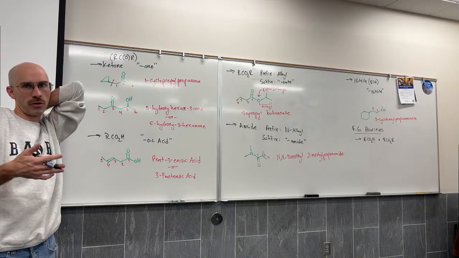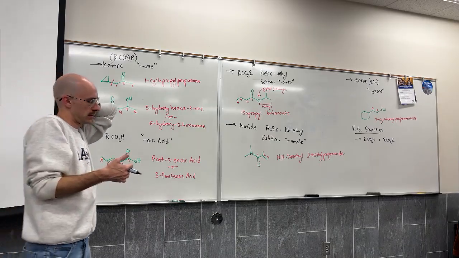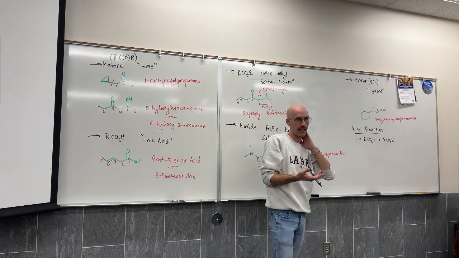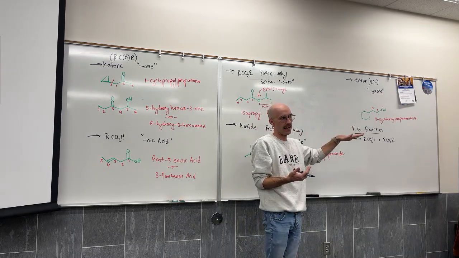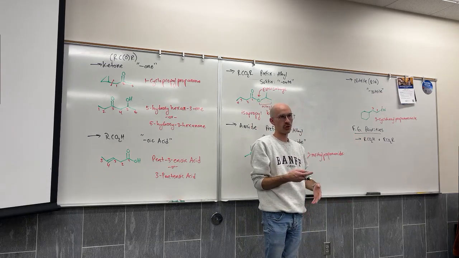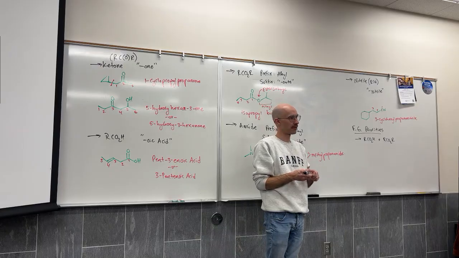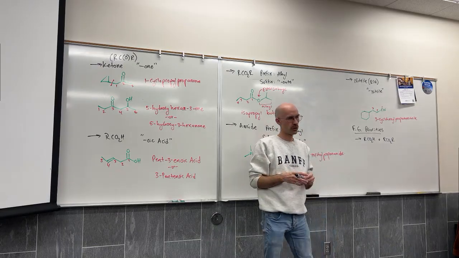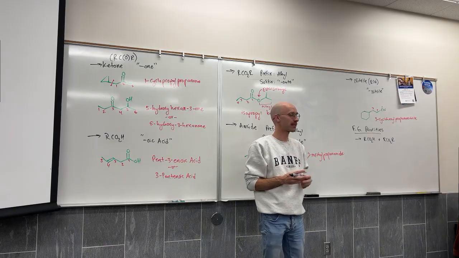They're both on that higher priority side. The anhydride and the acid chloride are also pretty high priority functional groups. I'm not going to have you name a lot of them that have any other type of functional group. It's just going to be that suffix on them.